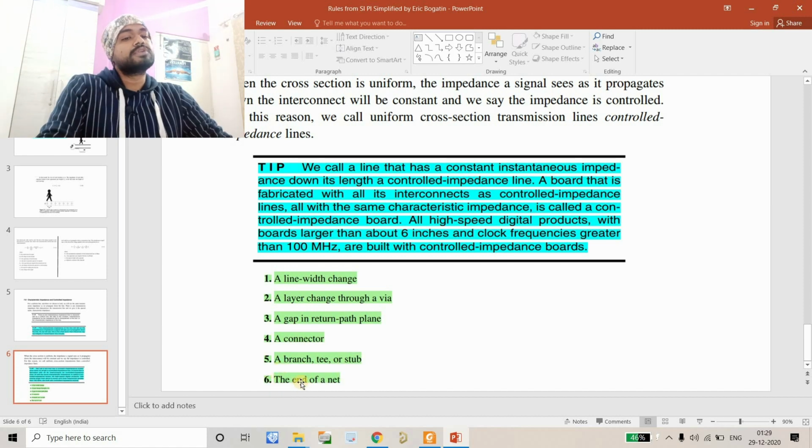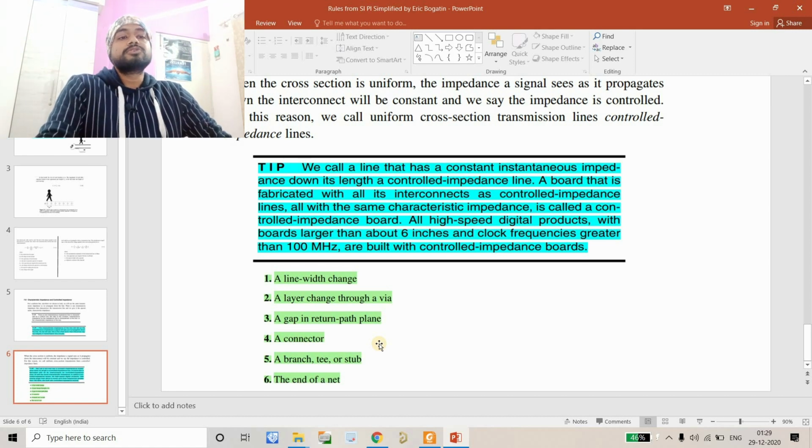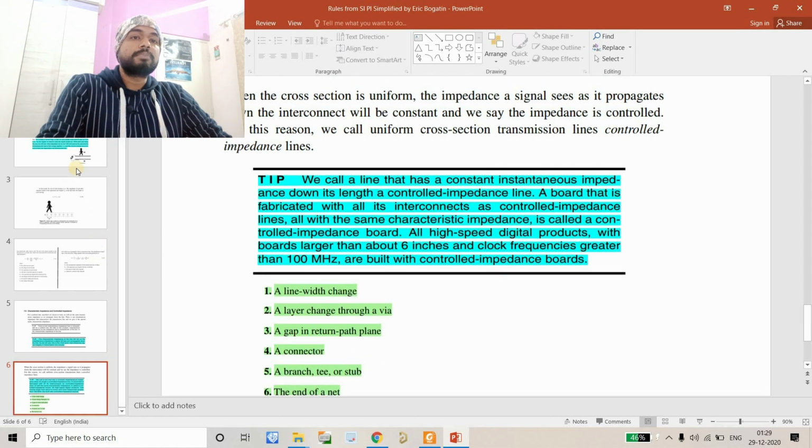Here Eric wants to say the package impedance also matters. If we are using a package whose internal impedance is not controlled, then that can also affect the controlling of impedance. Okay, so these are a few factors that we have to take care of during the design as well as layer stack up design, right? So yeah, this is our rule number 1.